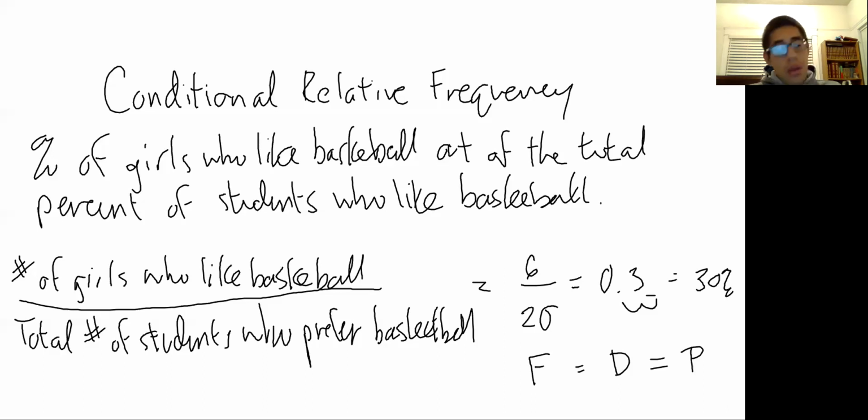Okay. Last one, conditional relative frequency. There's a lot here, but just know that we're doing part B, right? Where it says use the data from example 1B, find the conditional relative frequency that a student in Millie's survey chose orange, given that the student is a boy.